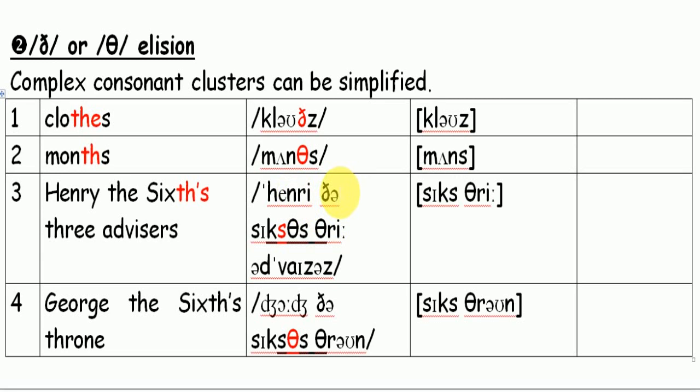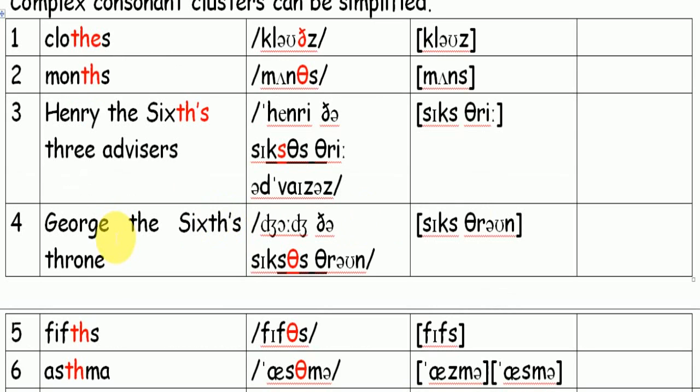So Henry the Sixth advanced. Similarly, in this sentence, George the Sixth. We say George the Sixth. John the Sixth.